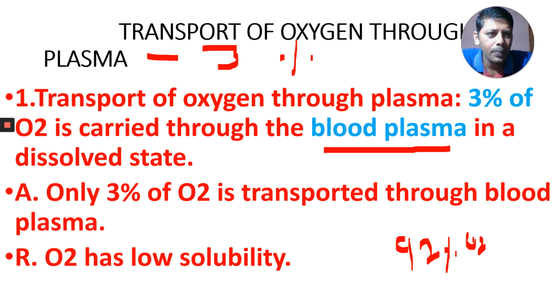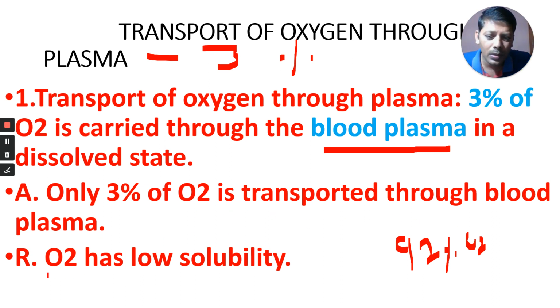Fishes are living in water because they have dissolved oxygen present in water. Similarly, in our blood there is plasma, and plasma has water. In that water also, some oxygen is dissolved. 3% of oxygen is carried through the blood plasma in a dissolved state.